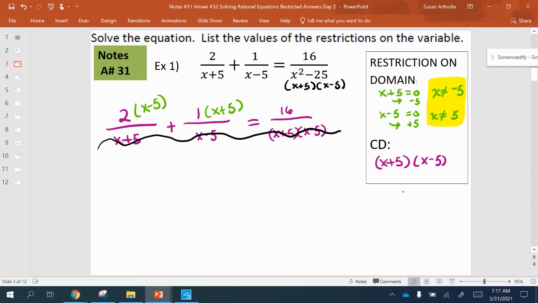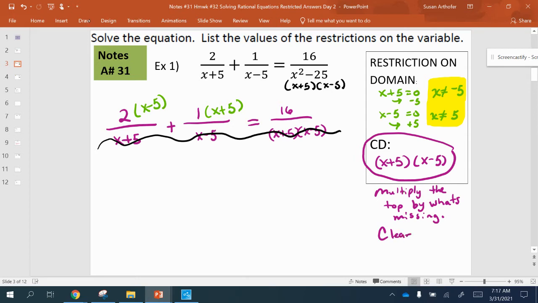That's what we did right here. And then you're going to multiply the top by what's missing. And then clear, or if you want to say delete, the bottom, the denominator.